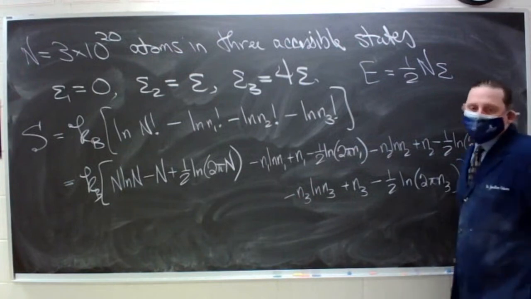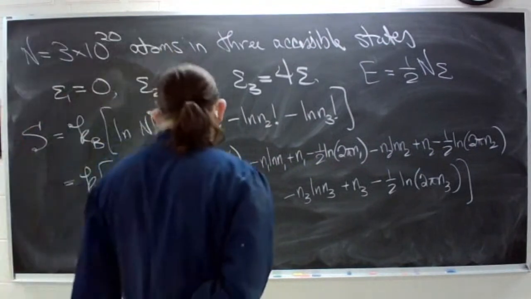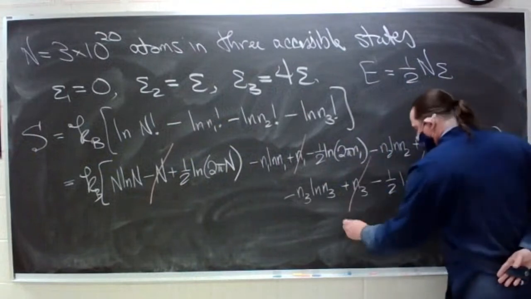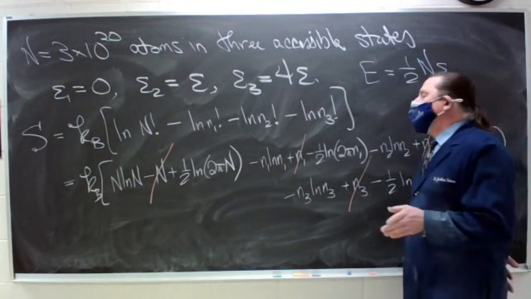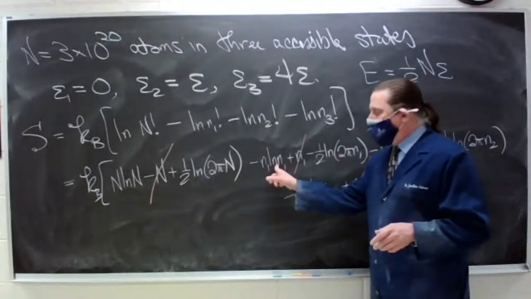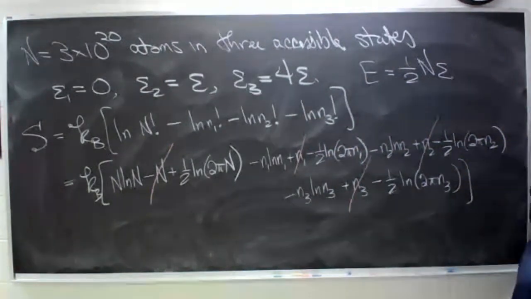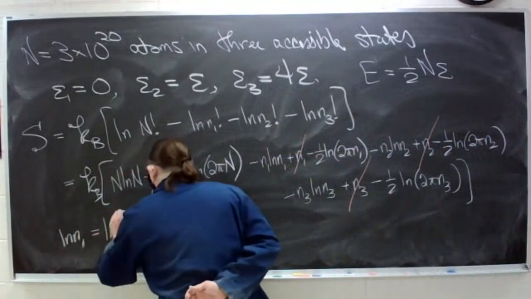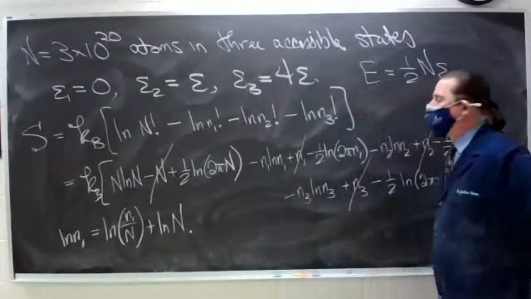Now, there are some cancellations that take place. One of them is fairly obvious. Remember that capital N is equal to N1 plus N2 plus N3. That one's fairly obvious. To get the other one that's sort of nice, I need to separate out the log of N1. So I'm going to write log of N1 as that.